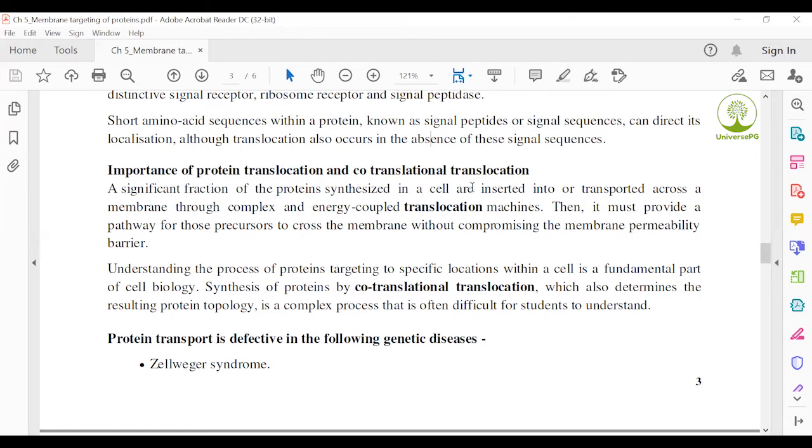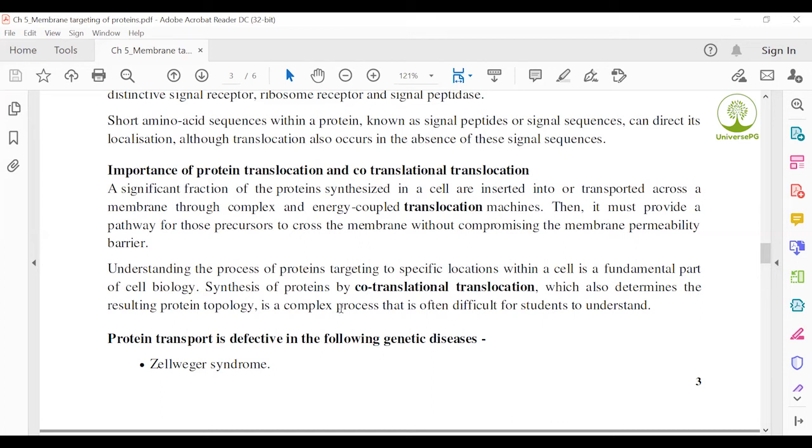And co-translational translocation. Understanding the process of protein targeting to a specific location within a cell is a fundamental part of cell biology. Synthesis of protein by co-translational translocation also determines the resulting protein topology.